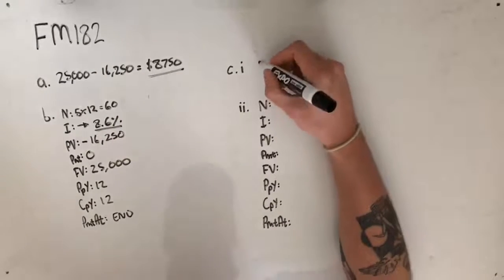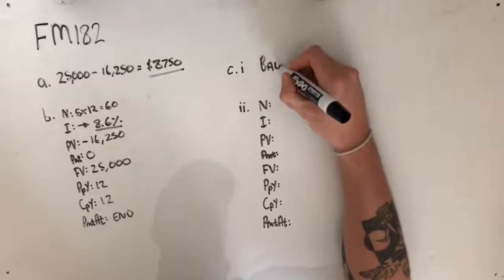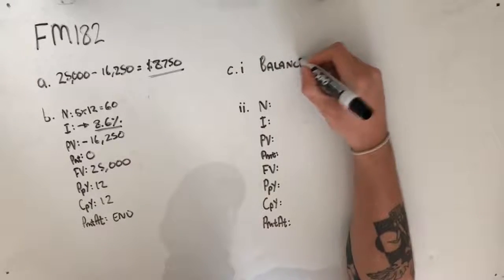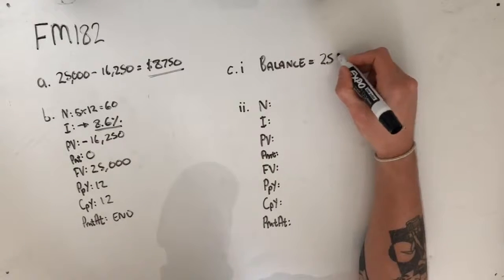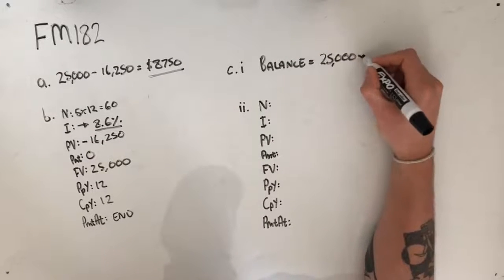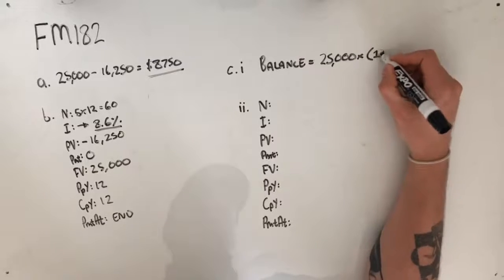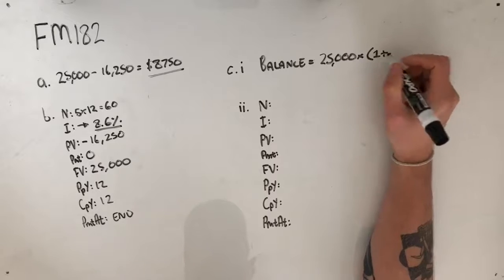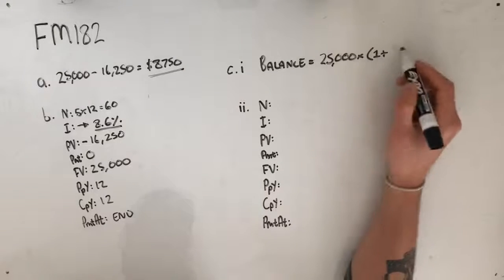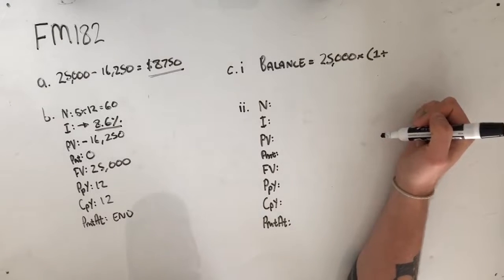So we're given an equation that says balance is equal to 25,000 times 1 plus, and we're given a blank space. Now, we know that the yearly interest rate, well, we know normally that the rate is going to go in here.